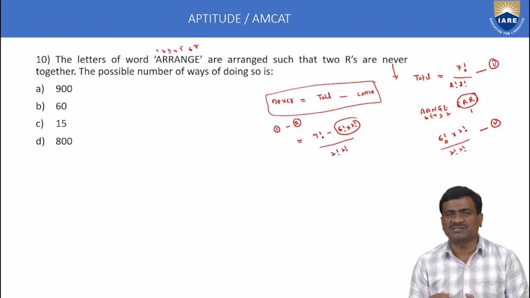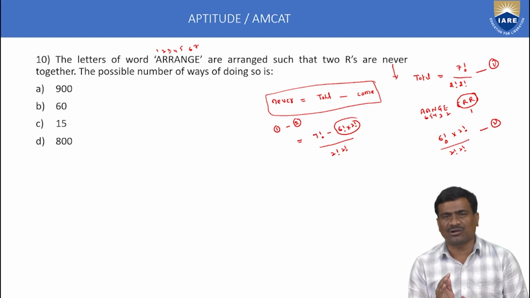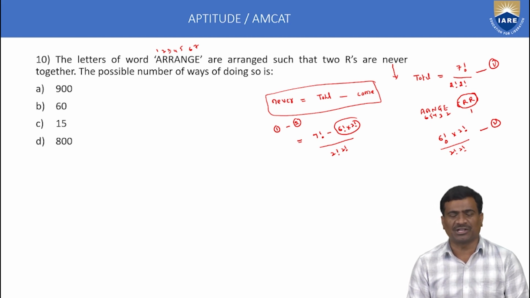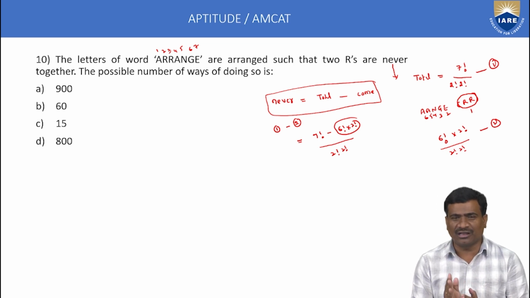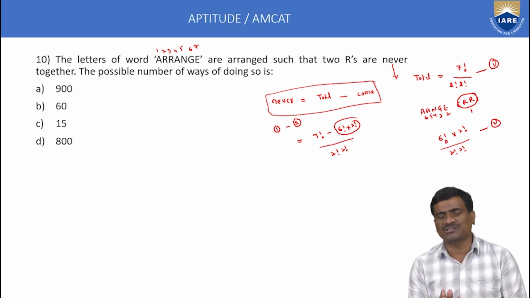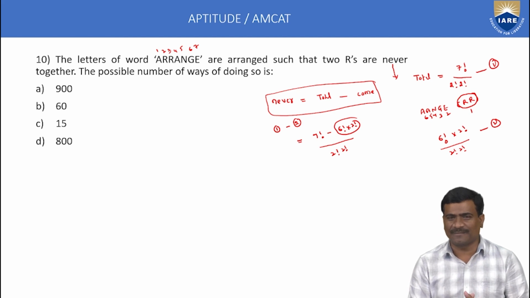This problem belongs to permutation. Permutation is where repetitions are allowed. In ARRANGE, the denominator always has only the repetition of letters: A 2 times, R 2 times, so the denominator is 2 factorial into 2 factorial.